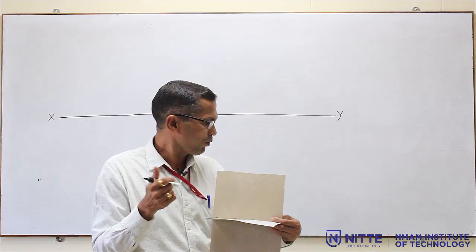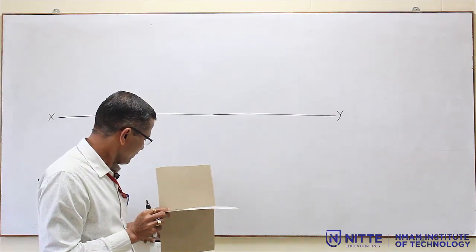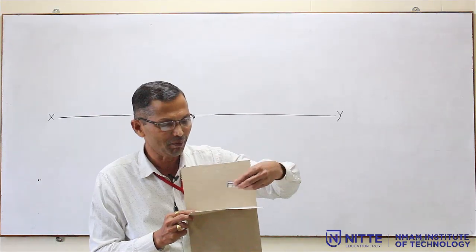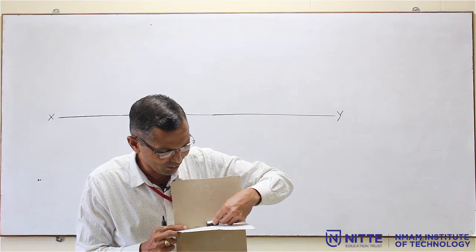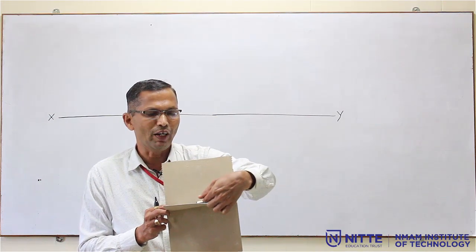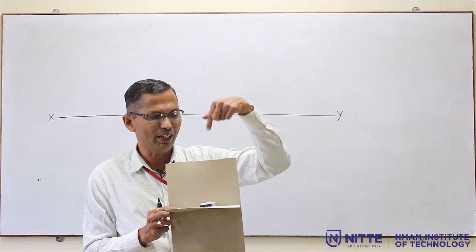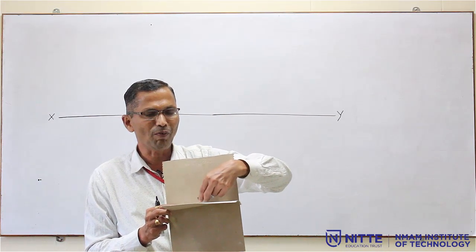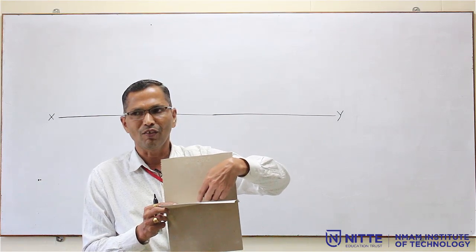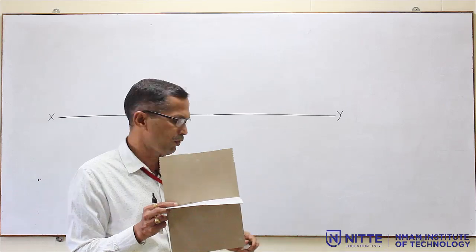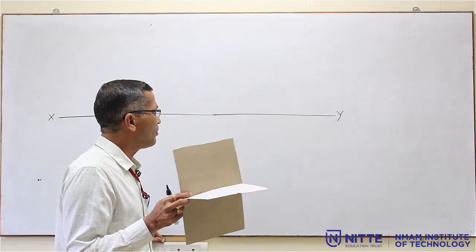Then if the point is both on HP and VP, it has to touch the vertical plane as well as the horizontal plane. That means I have to keep it exactly on the XY line. Your front view will be on the XY line as well as the top view. A single point will represent both the front view and top view. So, that is the case when the point is both on HP and VP.